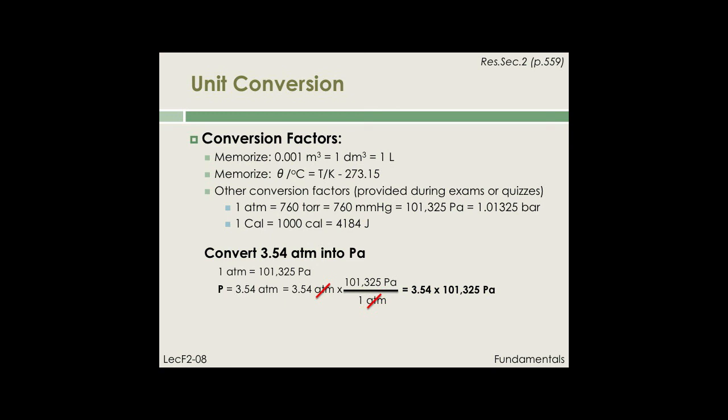We cancel the atmosphere units and multiply out the pressure in atmosphere units by the conversion factor to obtain P equals 3.59 × 10^5 pascal, or 0.359 megapascals.